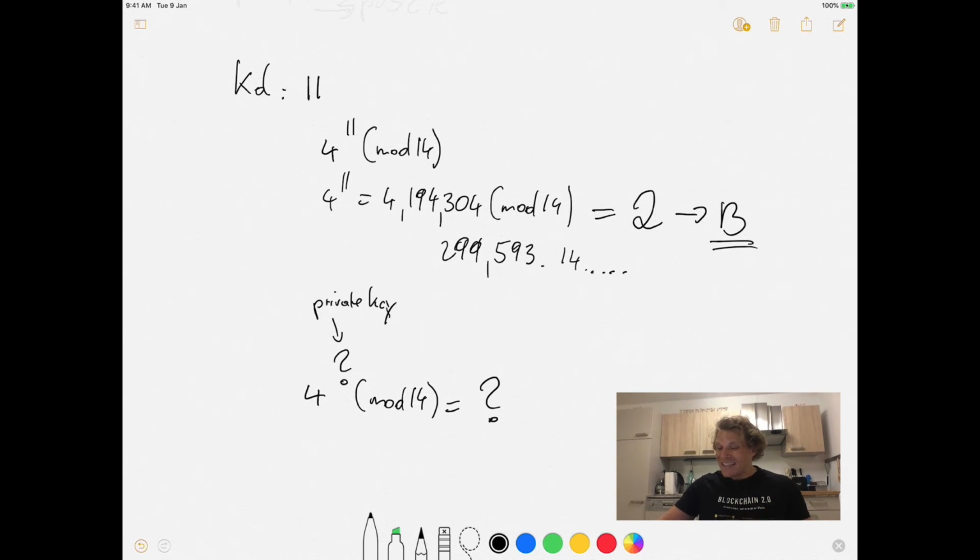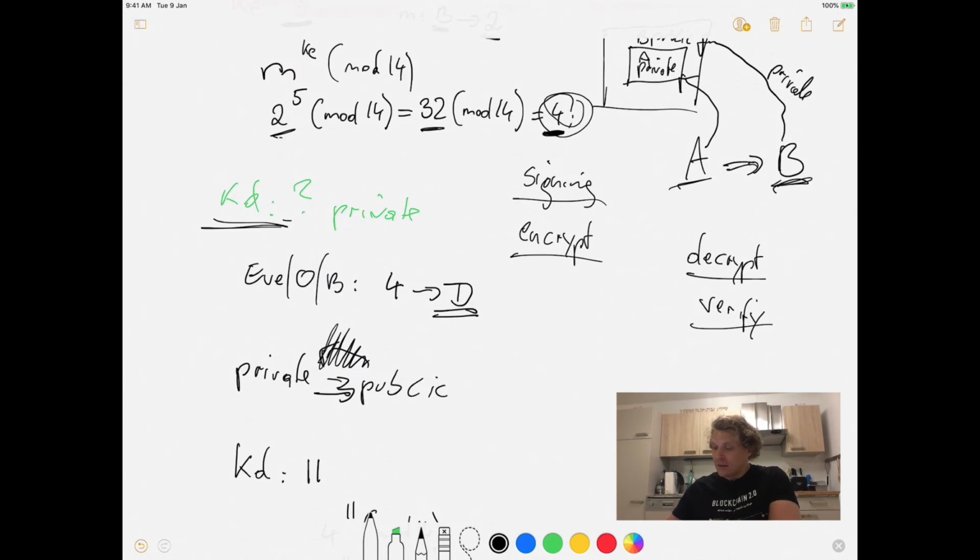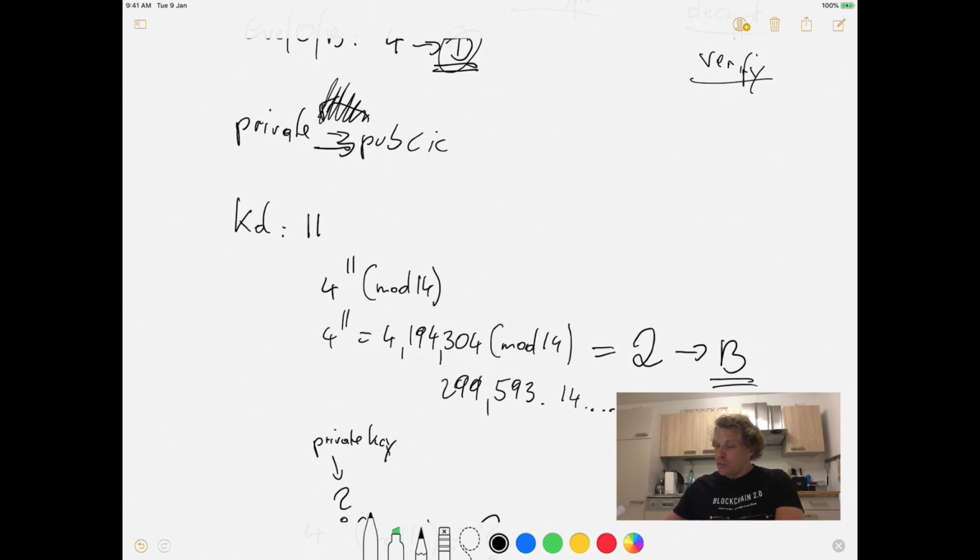It is impossible to get from the message to the private key, because you don't know what your private key is. In this case, you could do it with brute force, because these are small numbers. 11 is a small number. But when these numbers go to 70 digits, it's impossible to back-calculate this because there are just so many possibilities.